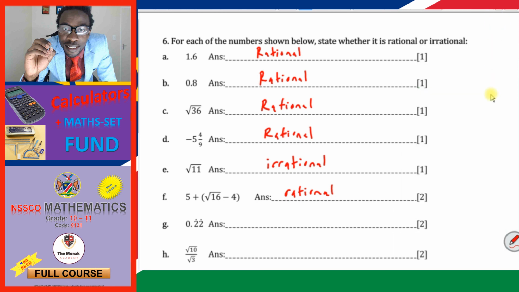That's what these dots represent. So if we have 0.7 with a dot there, it means 0.7777. So there is a pattern. So all of these are rational numbers.